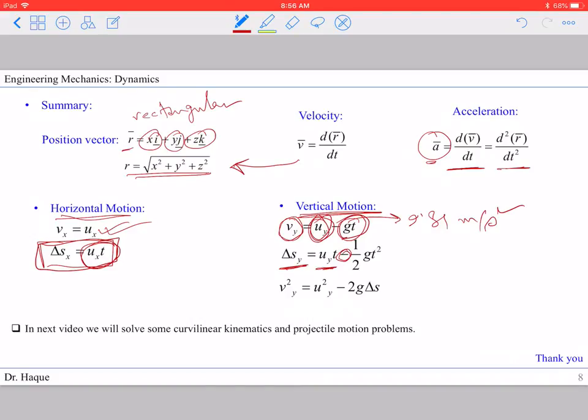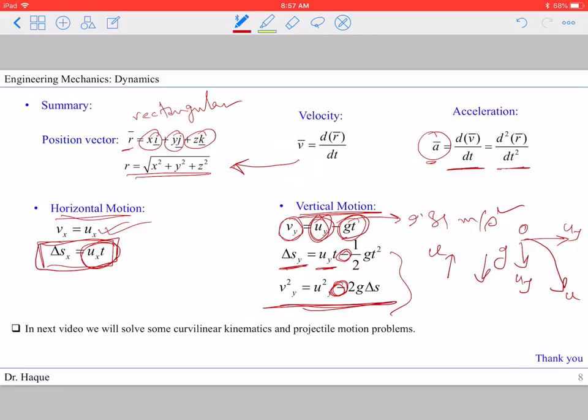Just remember, this is negative because the particle was thrown upward and gravity is downward. That's why it's minus. If the particle was thrown downward, so if my u was downward, then my components x and y would be downward, and this minus would become positive. Just remember that, and we'll solve problems and see that.